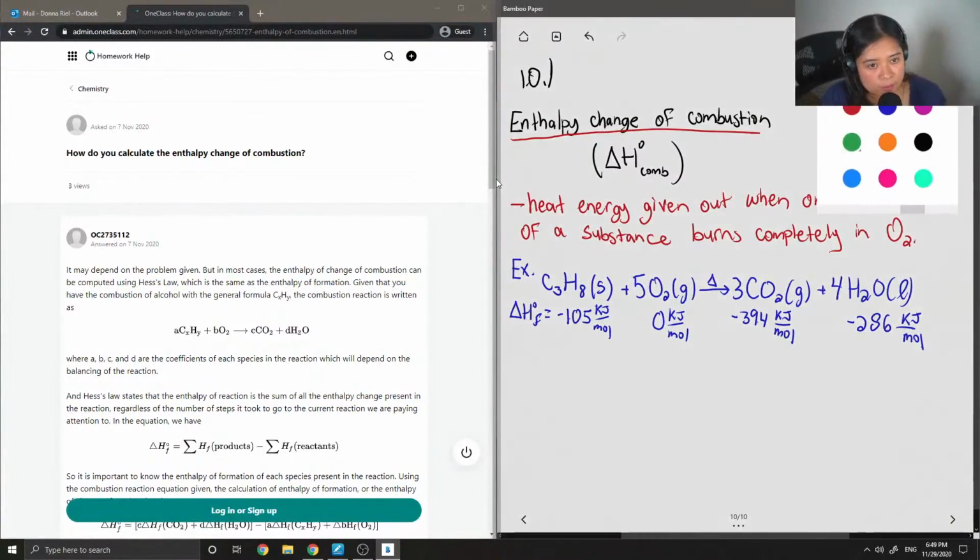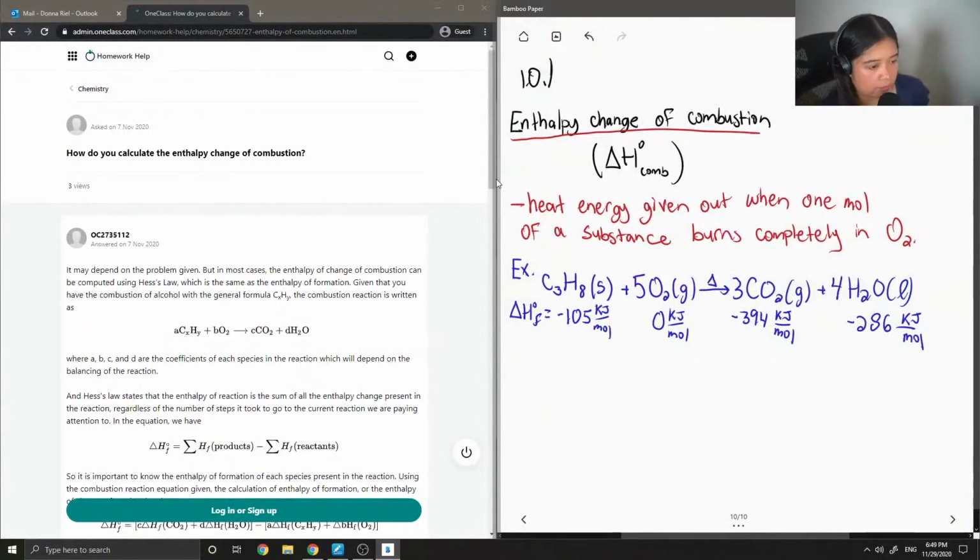Okay, so to answer this question, I'm going to write the general expression to find the enthalpy change of combustion for this reaction. So generally speaking, this is equal to the sum of the delta H of formation of the products. So notice that I put N, which stands for number of moles.